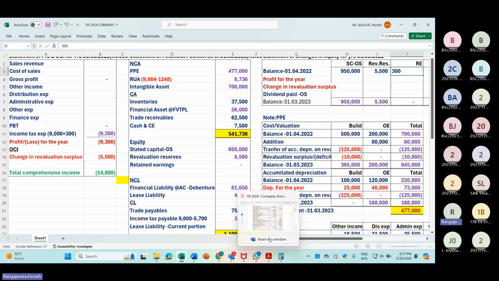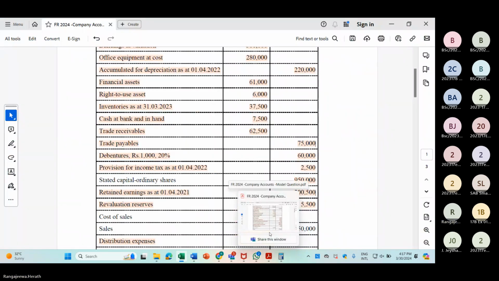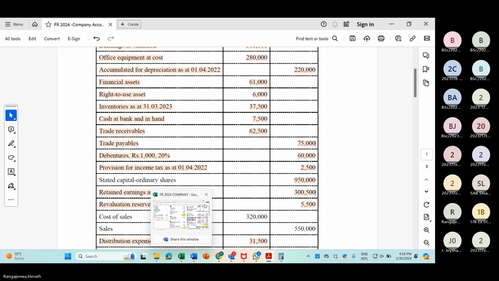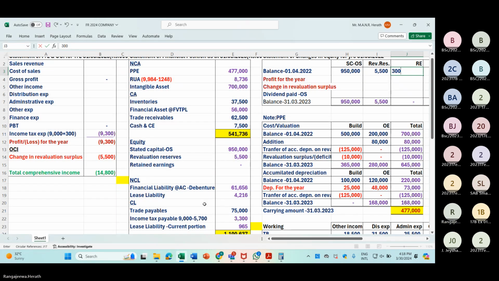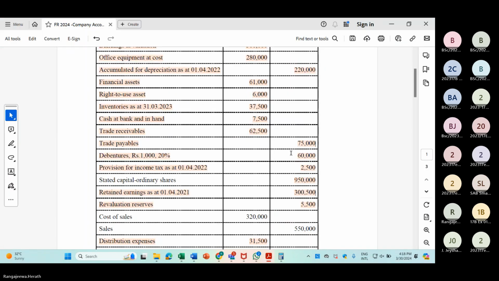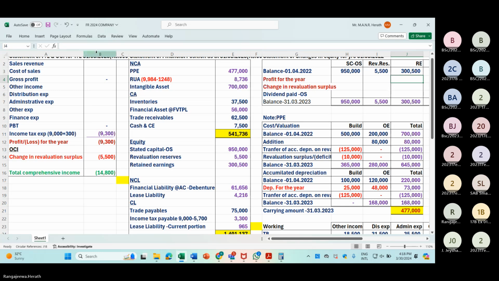Retained earning 300,500. Then sales and cost of sales. Sales 550,000.